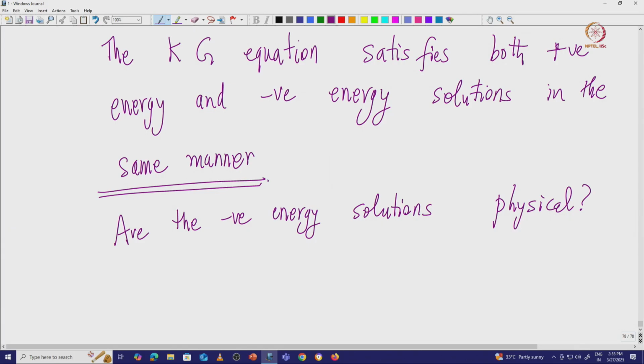Now, you can go completely philosophical and ask whether maybe these negative energy solutions can be completely thrown out, number one, or number two, that the equation itself could be wrong. But the equation is derived just by imposing quantization conditions on the relativistic dispersion relation. Now, how can it go wrong essentially, that is the question.